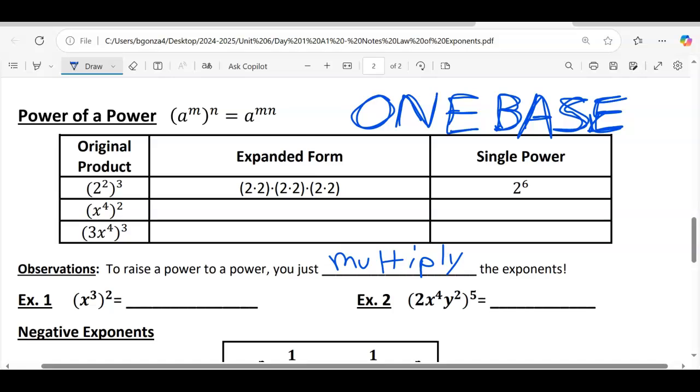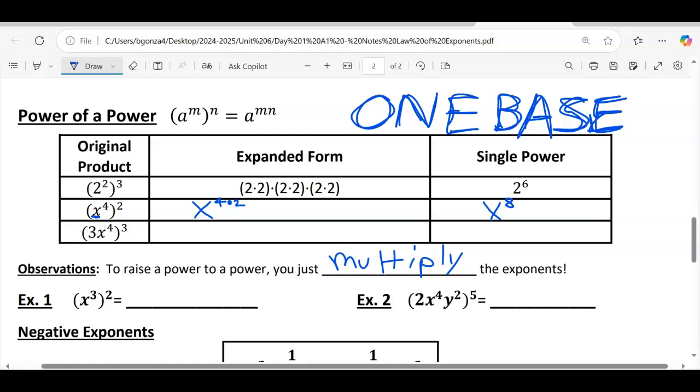So look, x, you got 1 base, you got 2 exponents, 4, and then to the power of 2. So that's when you do 4 times 2. And you get x to the 8. Okay? 1 base, multiply the 2 powers, x to the 8. Okay?